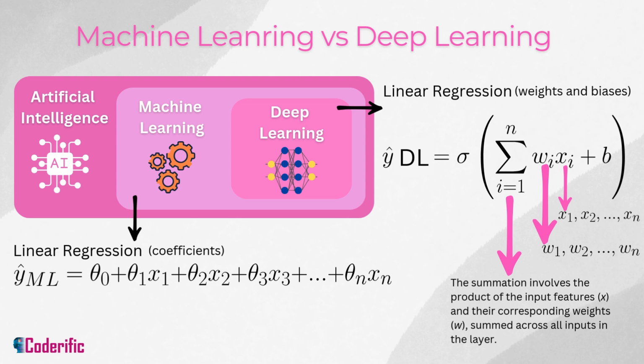Sigma is the activation function which allows the neural network to learn non-linear relationships. And b is the bias term. In deep learning, the model processes these features through multiple layers, each applying a non-linear function to capture complex relationships.